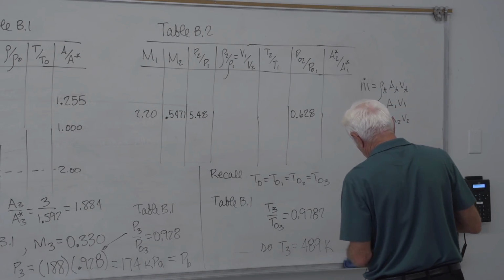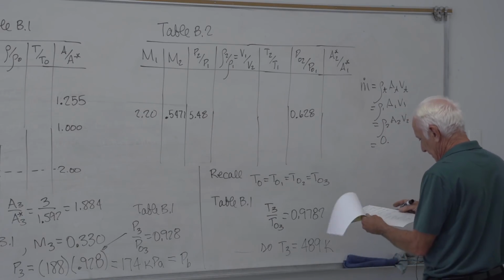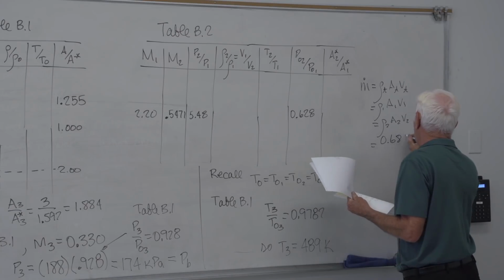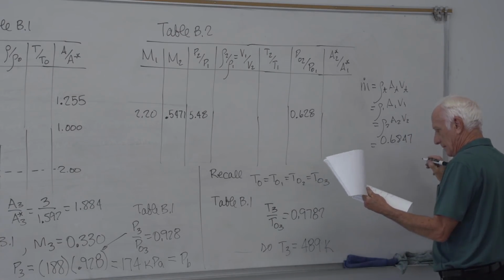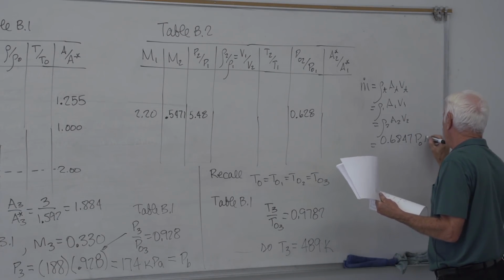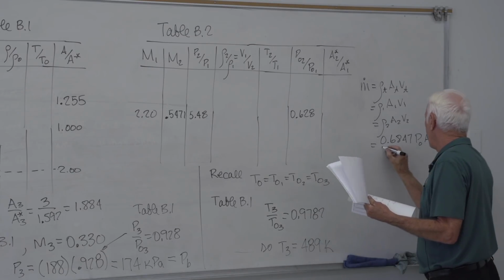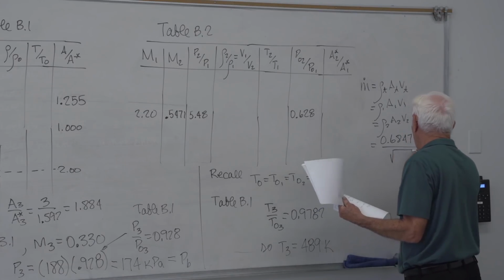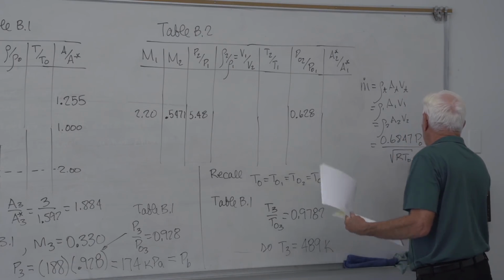There it is. 0.6847 P naught A star divided by the square root of R T naught.